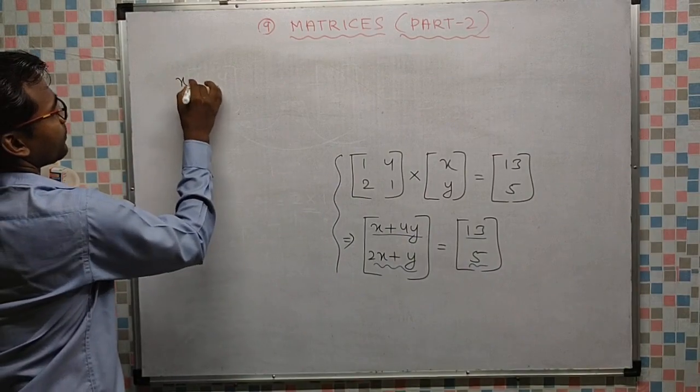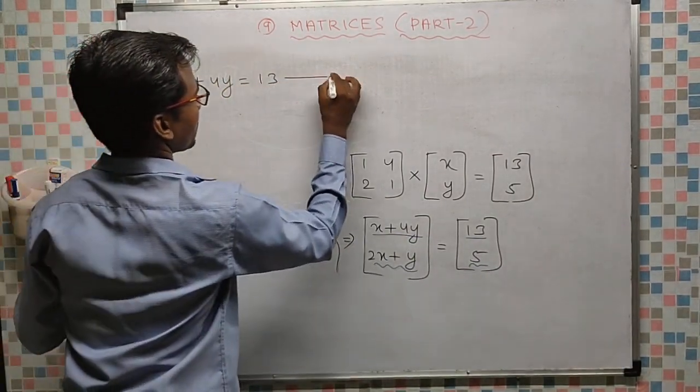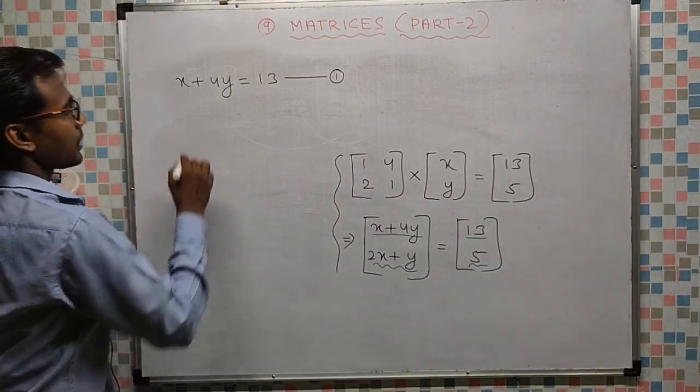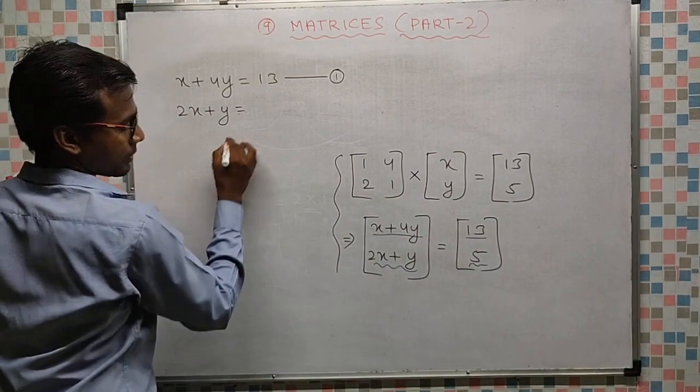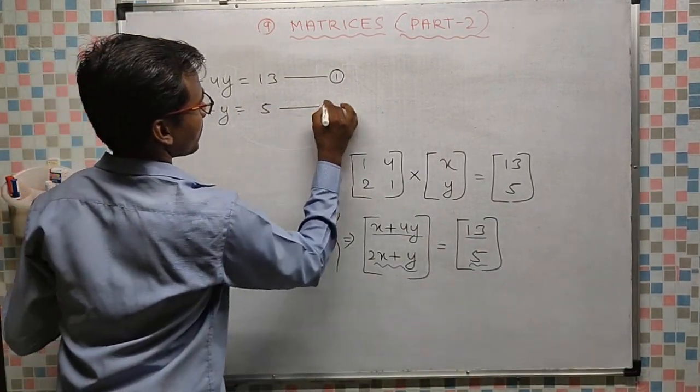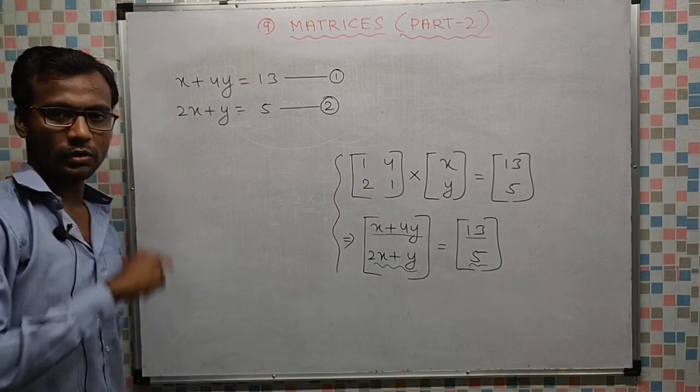We get x plus 4y is 13, that will be equation 1. Next we get 2x plus y is equal to 5, that will be equation 2. We got two equations.